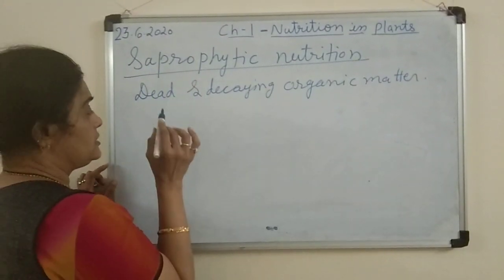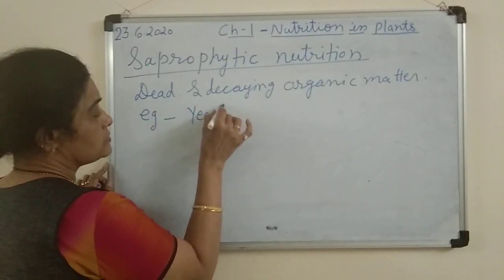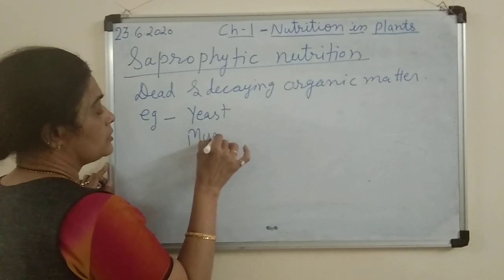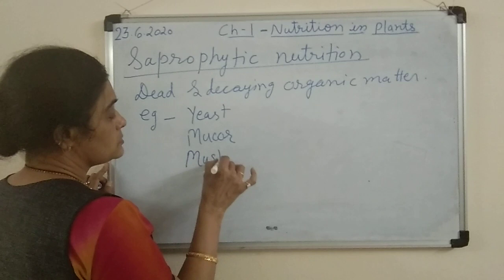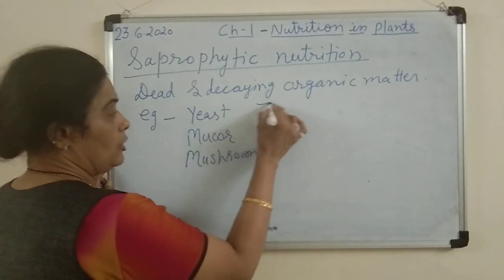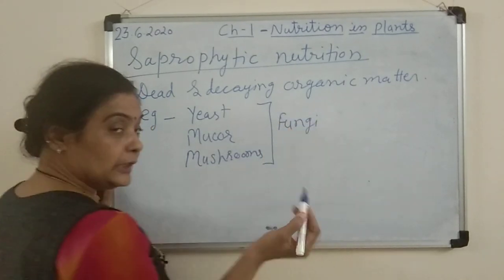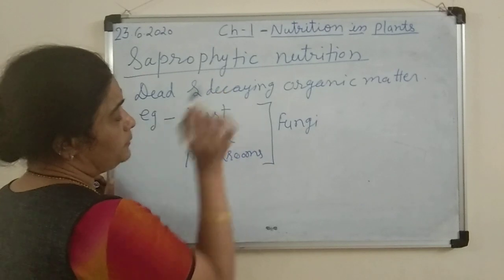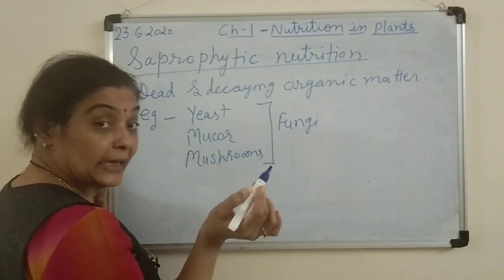Examples are yeast, mucor, mushrooms. They all fall in one category, that is fungi, and other decomposers. They depend on dead and decaying matter. Sapro means dead and decaying organic matter.